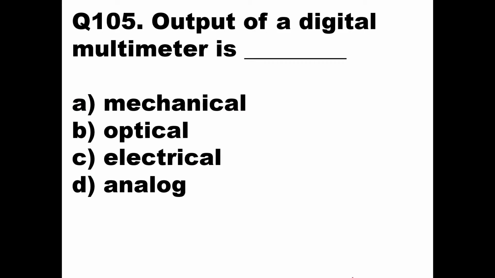Output of a digital multimeter is what? Obviously the output of a digital multimeter, which is an electronic device, will be in the form of electrical. It cannot be mechanical, it cannot be optical, it cannot be analog. It can generally be said that the output of a multimeter is electrical. So here option C will be the correct answer.